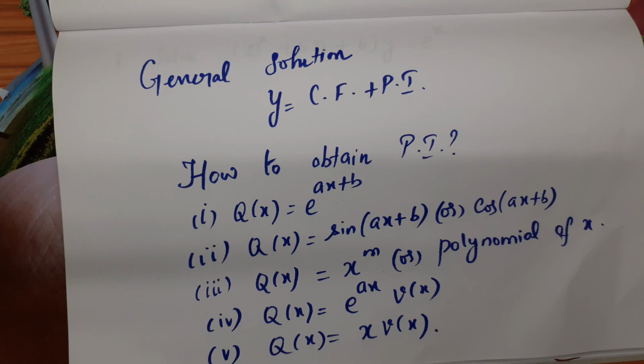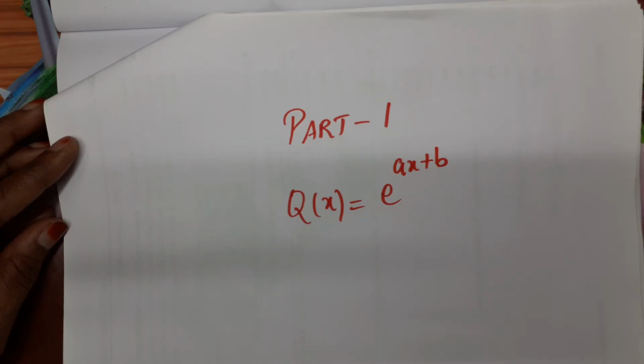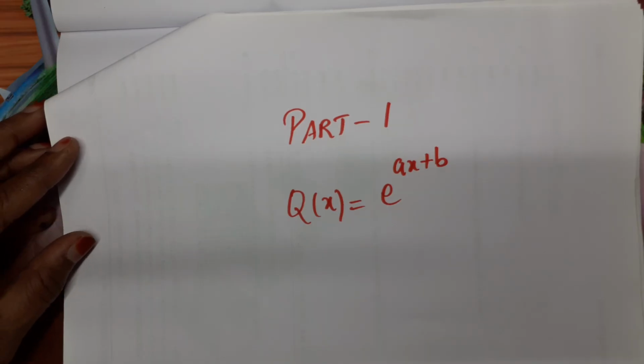The third is x^m, or a polynomial in x. The fourth is a product of e^(ax) into a function of x. And the last one is x into a function of x. This is part 1 video. In this video, I am going to explain how to find the particular integral when q of x is of the form e^(ax+b).